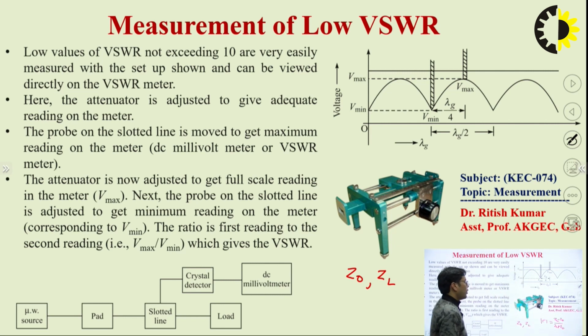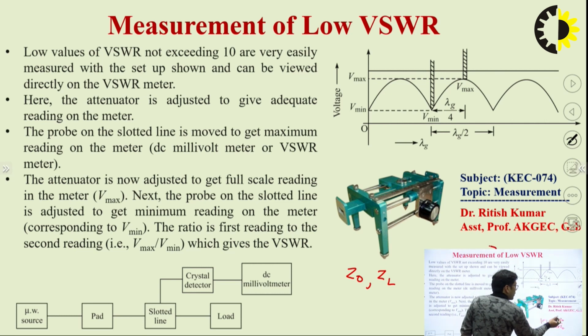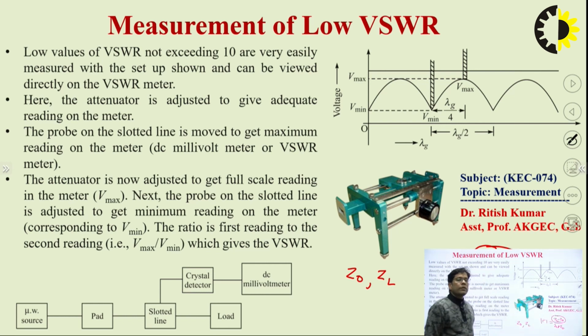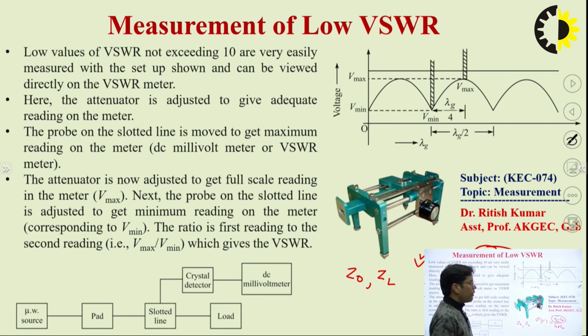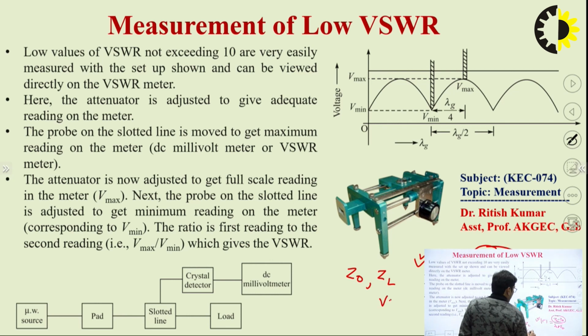Here you can observe that whenever we have a large difference between the load impedance and the characteristic impedance of the transmission line or waveguide, we have a large value of reflection. If we have a large value of reflection, then finally we have a large value of VSWR. Why?